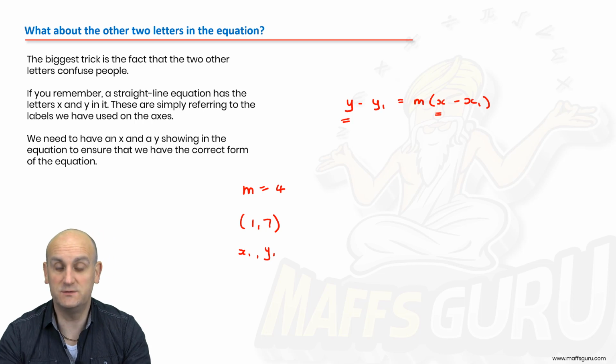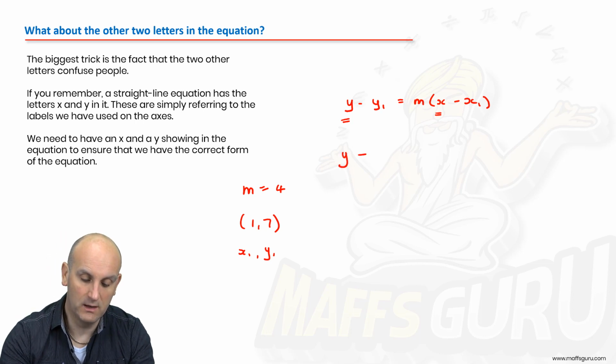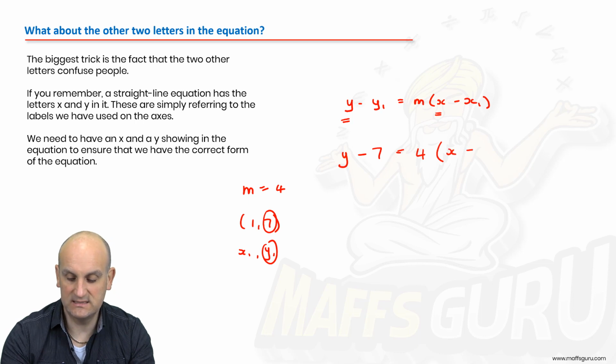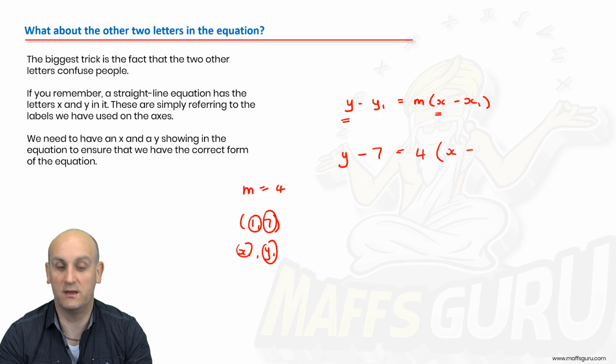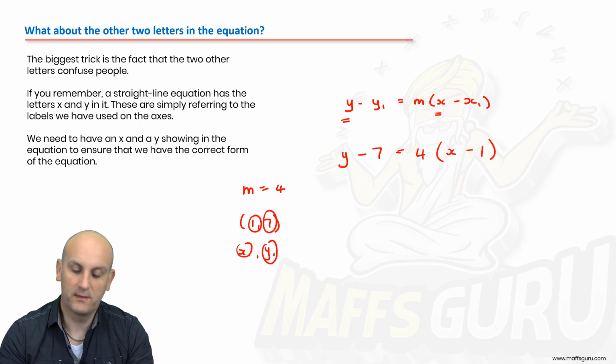And so I just substitute them in. The y value stays the same. y1 becomes 7, because y1 is 7, is equal to m. We know the value of m is 4. That x stays the same minus the first x value of my coordinate, which gives me minus 1. And lo and behold.